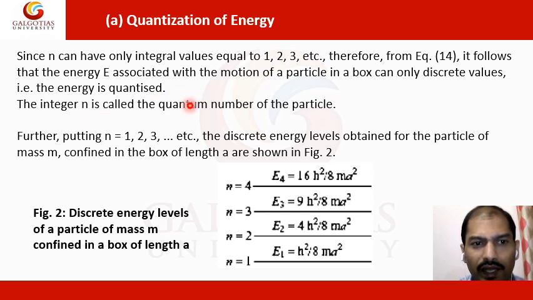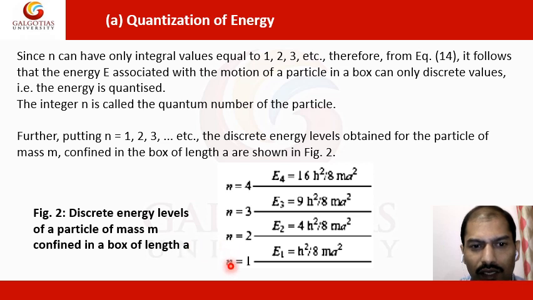The integer n is called the quantum number of the particle. Putting n equal to 1, 2, 3, you see the discrete energy levels obtained for a particle of mass m confined in a box of length a, shown in this figure.